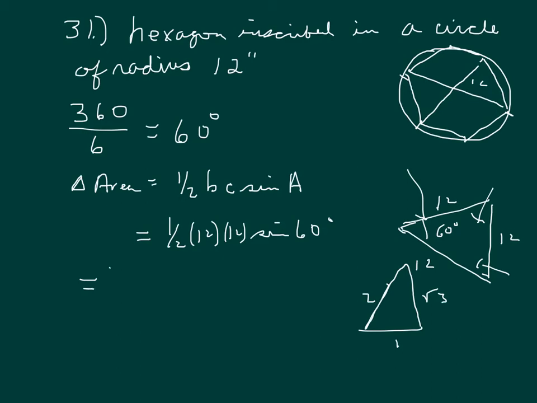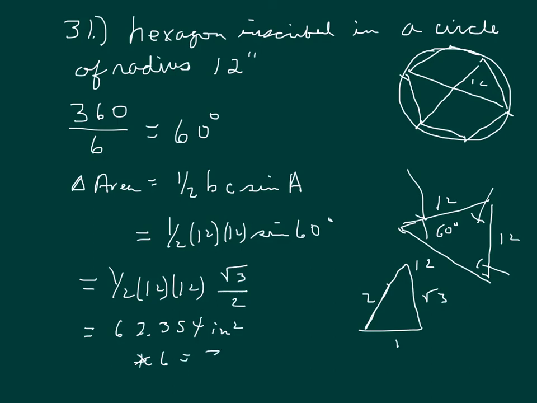Sine of 60 degrees would be the square root of 3 over 2. And we get 62.354 square inches. But there are 6 sides, so we multiply this by 6, and we get 374.1 square inches for the area of the regular hexagon.